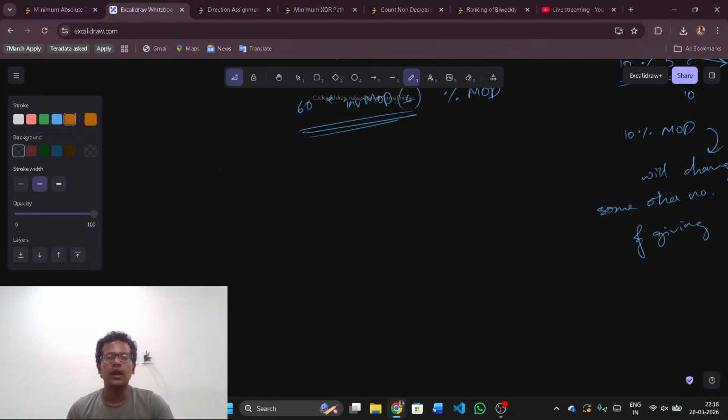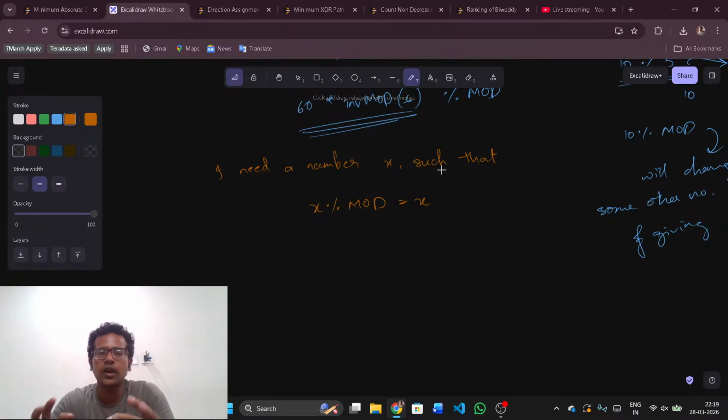I need a number x such that x modular mod will be equal to x. I think you got it, right? So I need a number x such that x modular mod will also be equal to x.